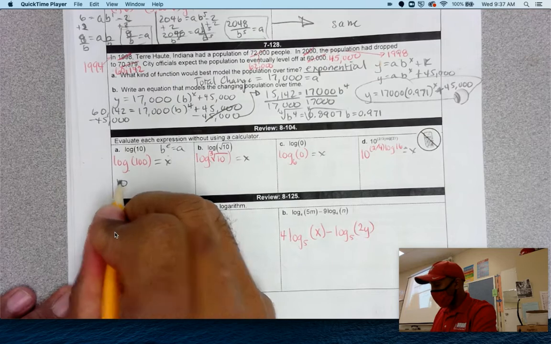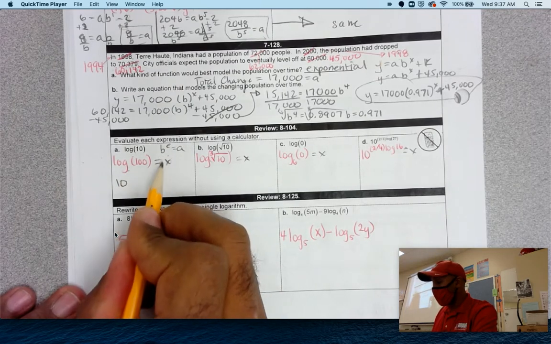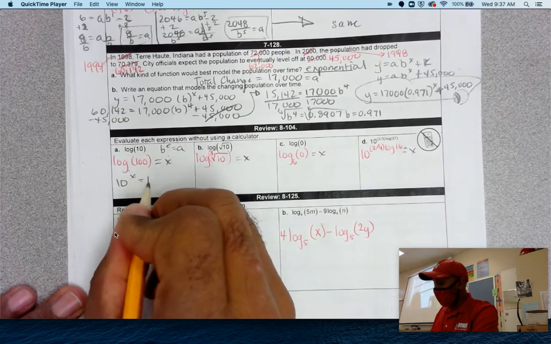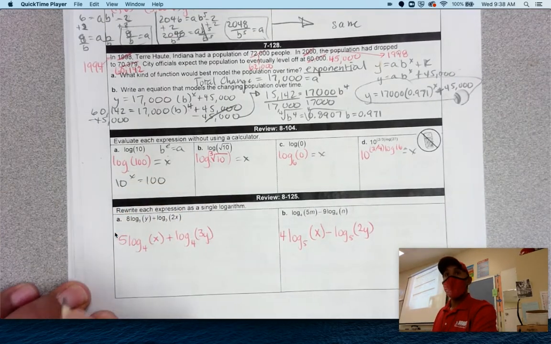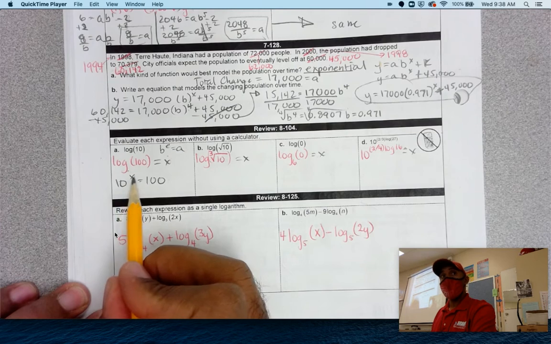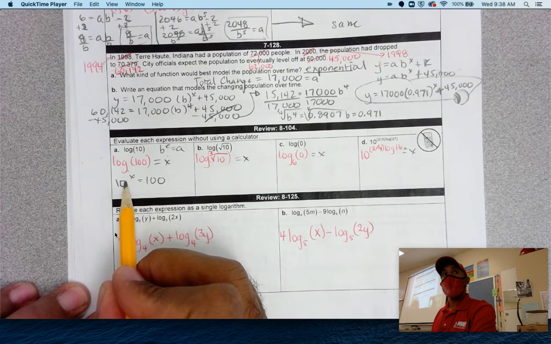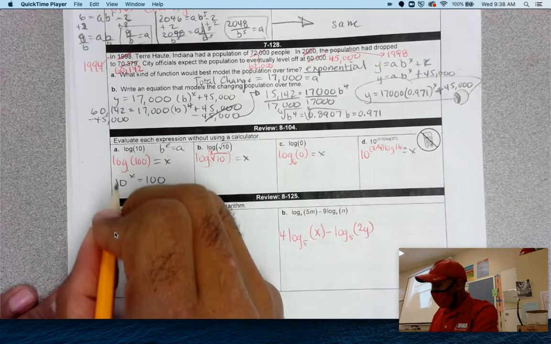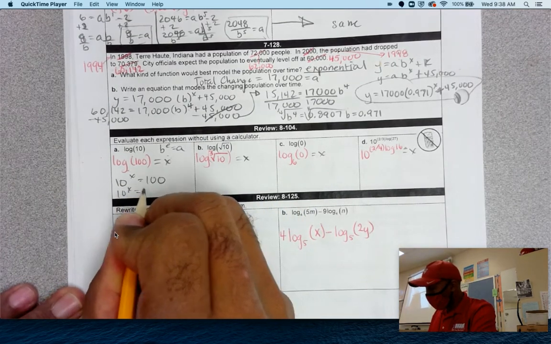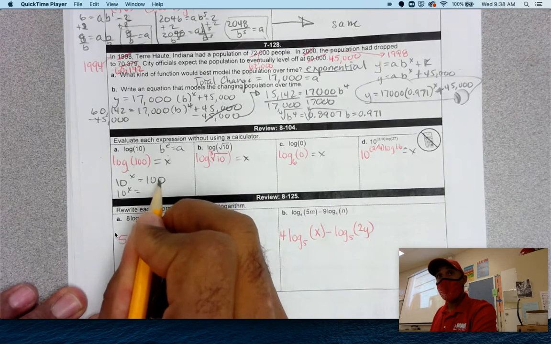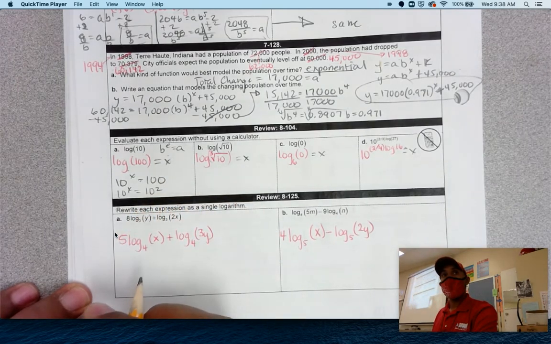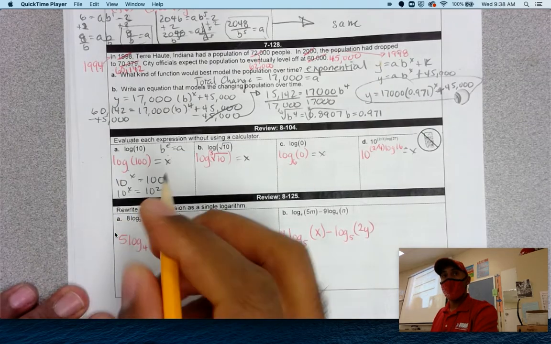So I'll write 10 raised to the x equals a. In other words, what power do I raise 10 to in order to equal 100? That's 10 squared. So I make a common base on the right and change that to 10 squared, so I know that x equals 2.